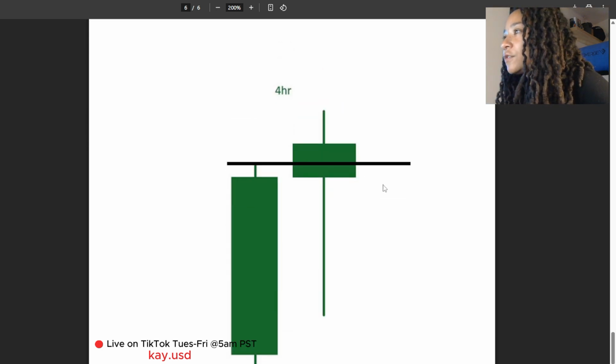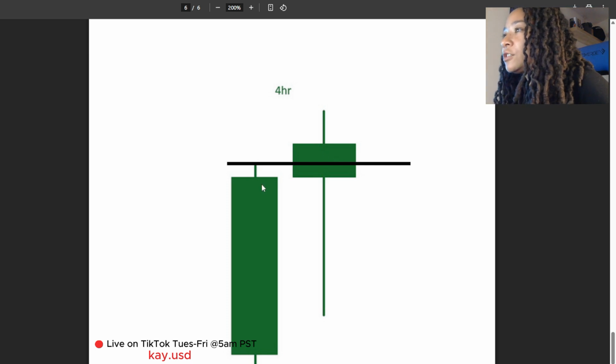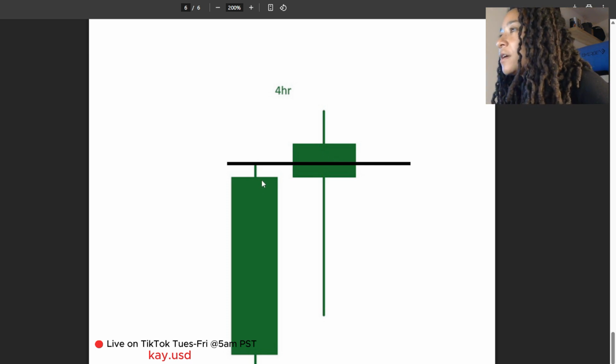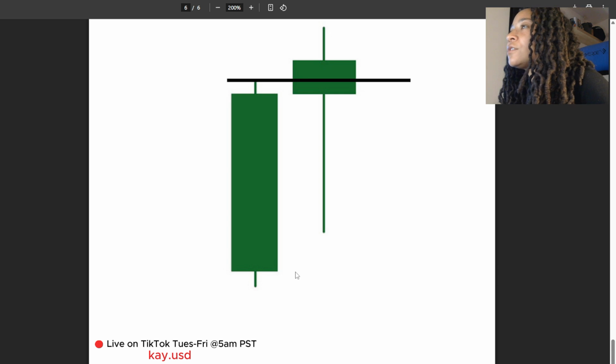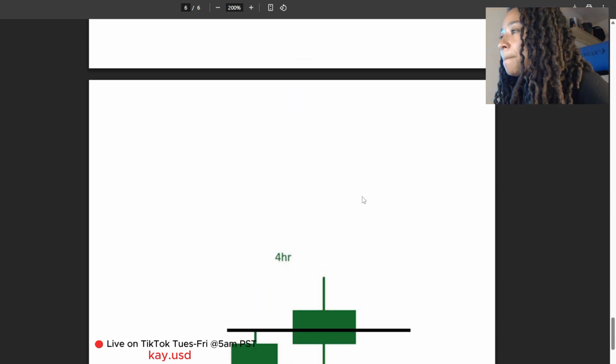Now, if we look at this 4-hour, this is the 4-hour candle that we just analyzed. Looking at its previous 4-hour candlestick, could we say that we're in a bullish continuation or a bullish trend since we never came down and broke the lows of the 4-hour? We just came up and broke the highs, okay?